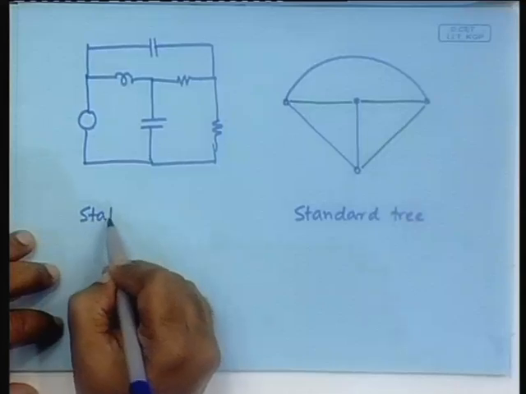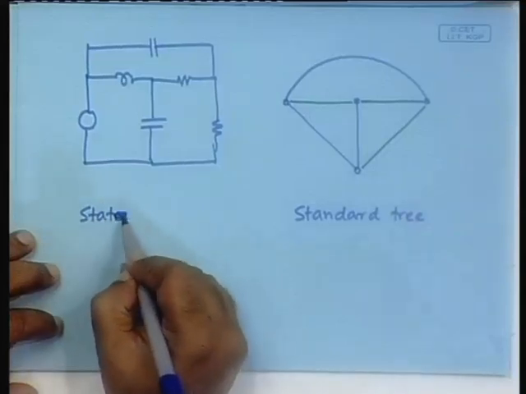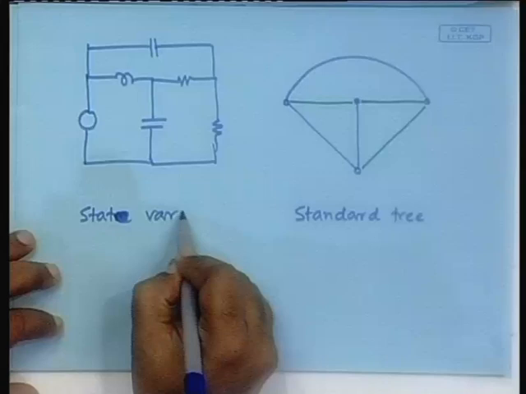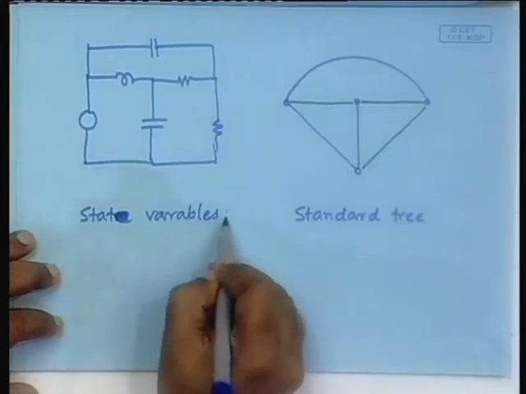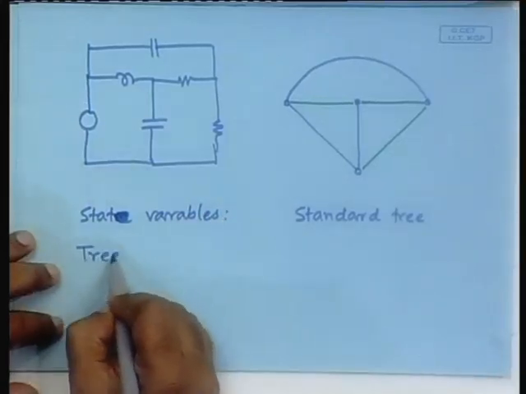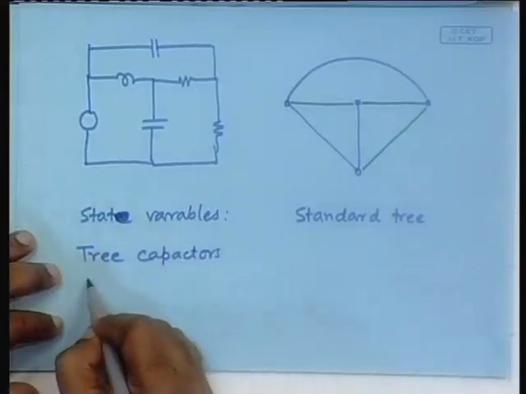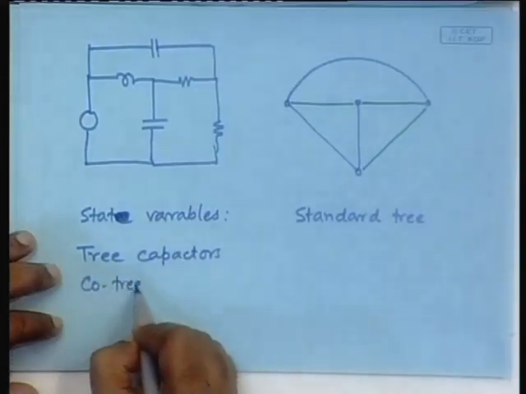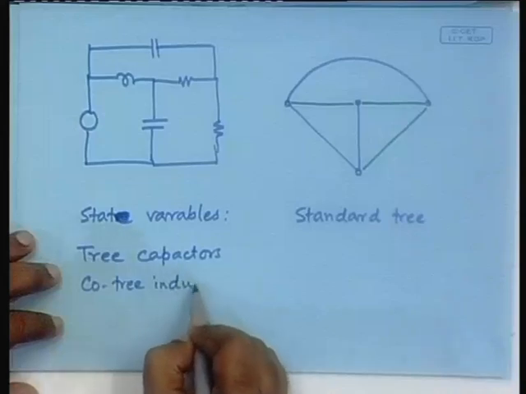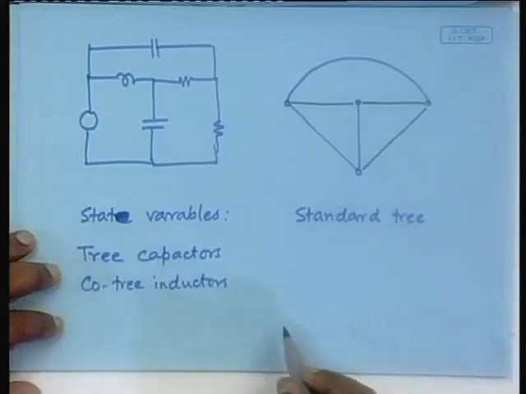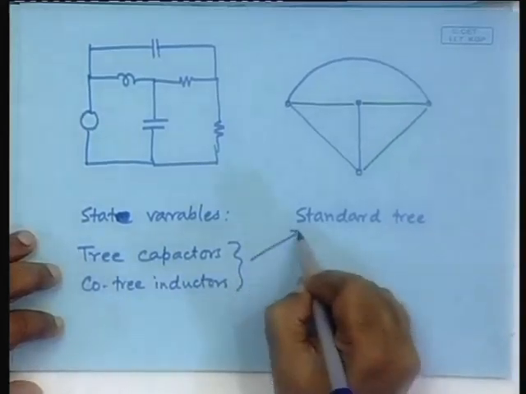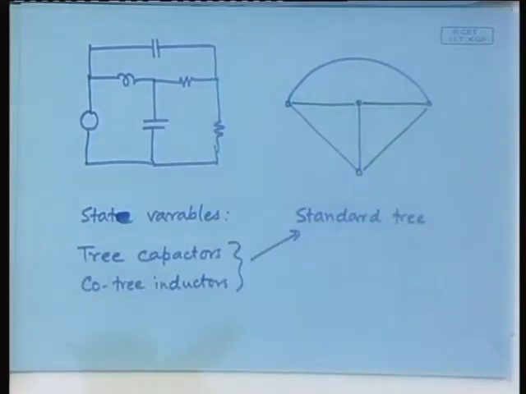State variables are tree capacitors and core tree inductors. These are all related to the standard tree, not just any tree.